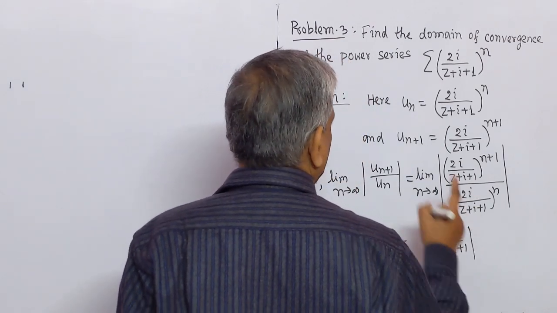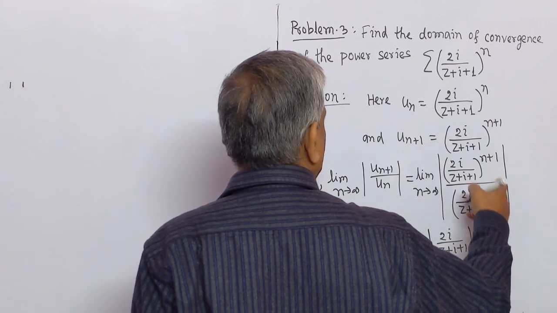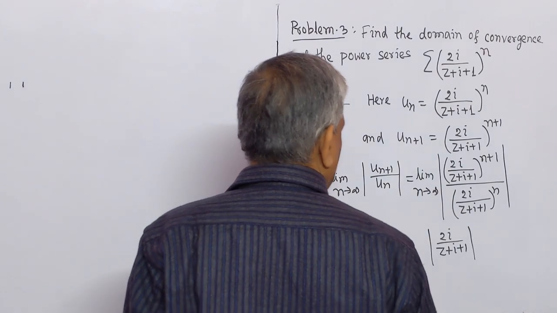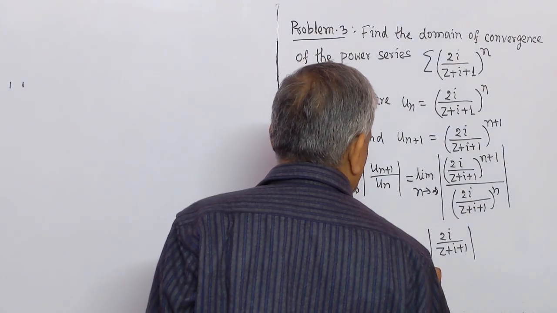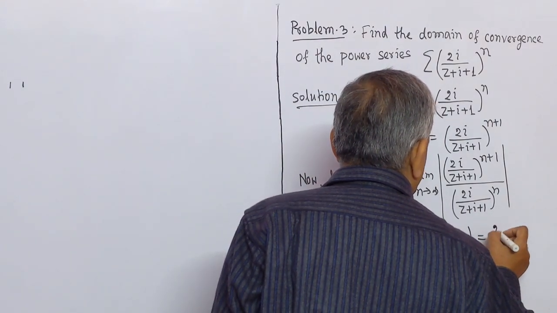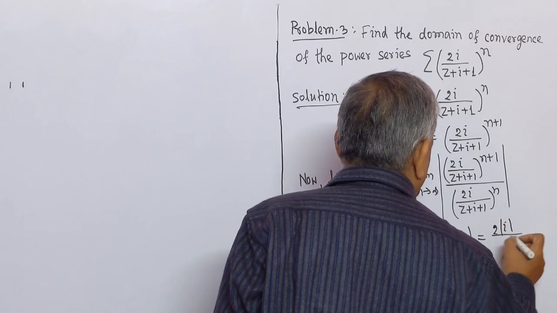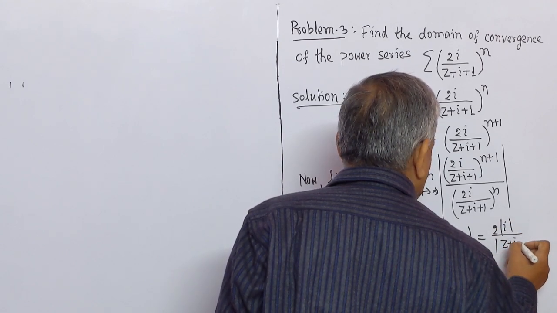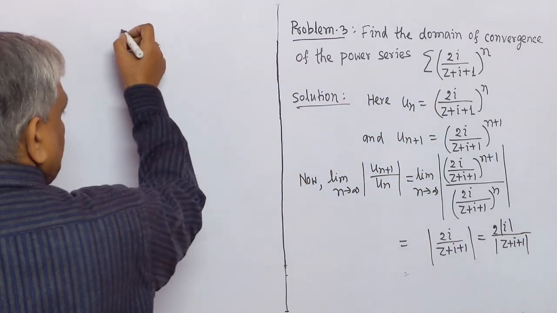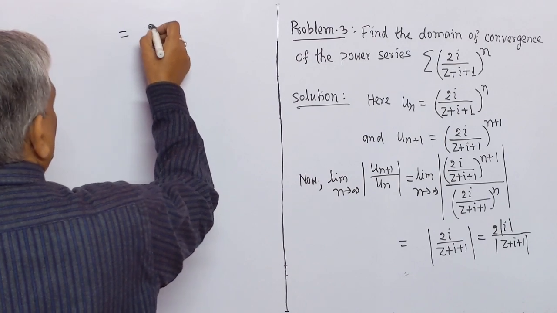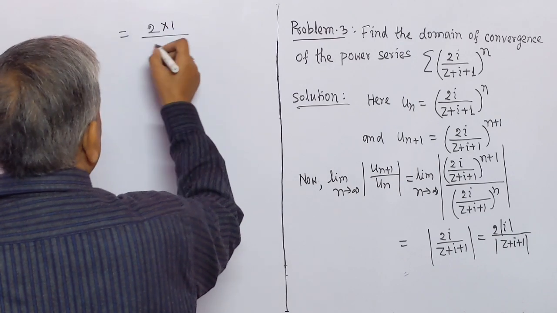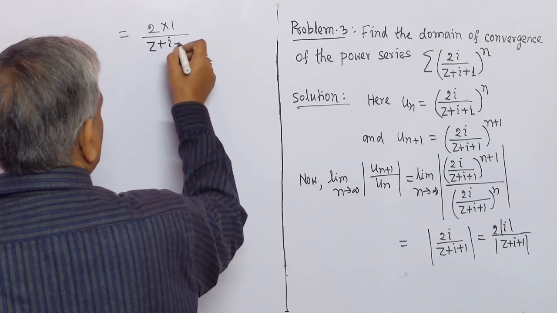Here we have no n, only the power 1 remains, and this will be equal to 2 modulus of i by modulus of z plus i plus 1, and this will be equal to 2 by modulus of z plus i plus 1, since modulus of i is 1.